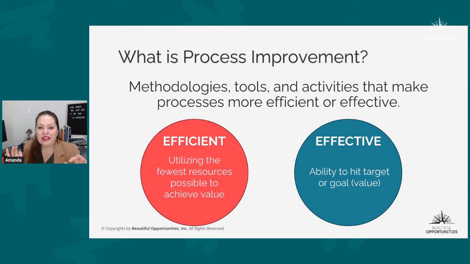Let's think about effective. What if I get all of these groceries, but I forget the key ingredients to the recipe that I want to make? Then I wasn't very effective at going to the grocery store and getting what I needed. So what we're doing when we apply process improvement is we're making our processes more efficient or more effective.